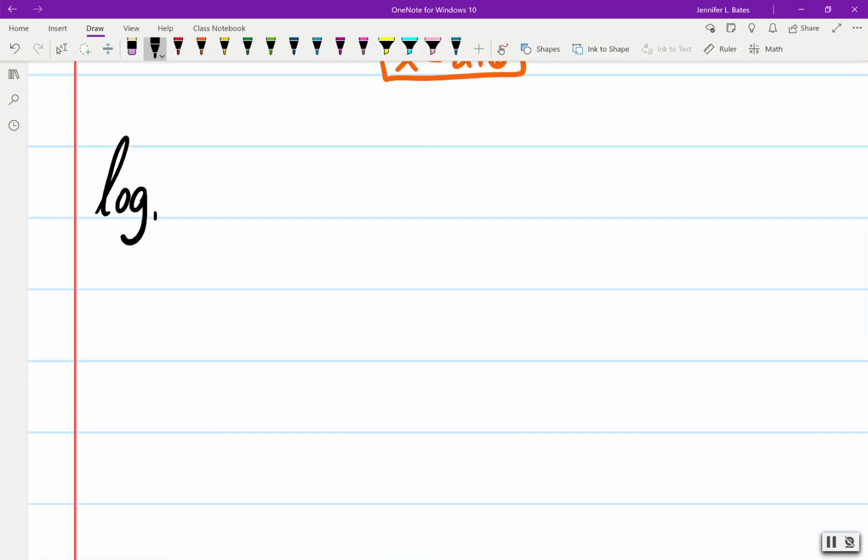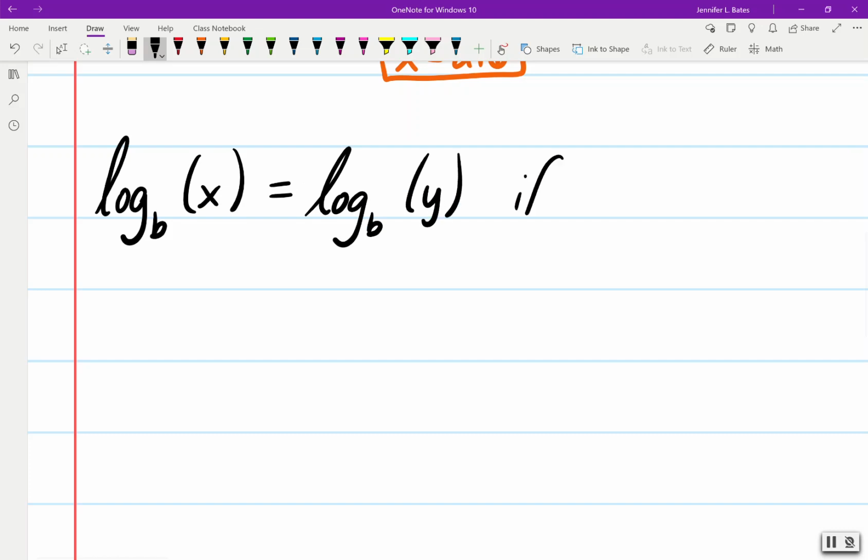Log base b of x is equal to log base b of y if and only if x is equal to y.